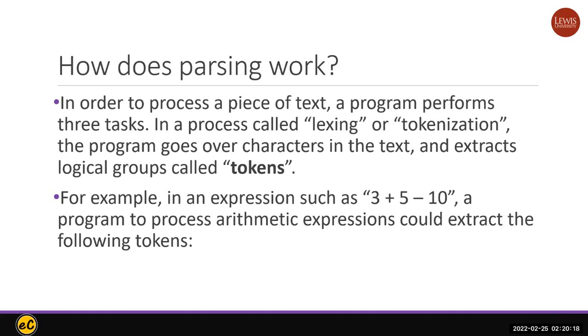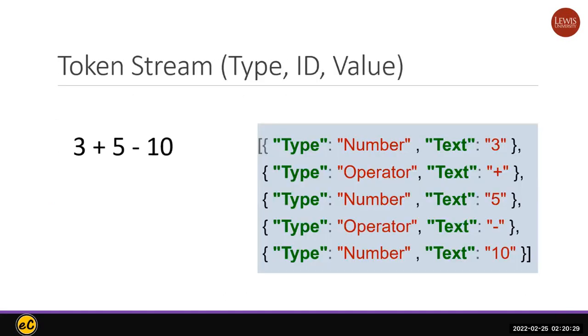For example, in an expression such as 3 plus 5 minus 10, a program to process arithmetic expressions can extract the following tokens. So basically, 3 is a token, plus is a token, 5 is a token, minus is a token, 10 is a token. This portion we talked about in lectures 10 and 11: how to do tokenization and determine the type of the tokens and also the value of the tokens.